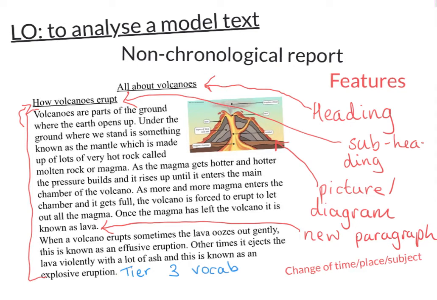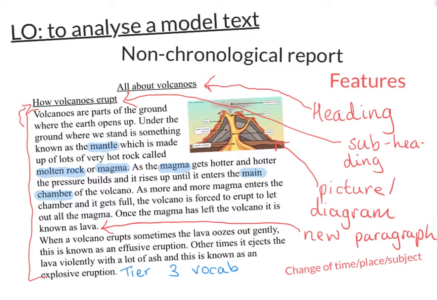And then the last thing we're going to look at is the tier 3 vocabulary. We've done quite a bit on this, and this is the stuff that we're going to put in our non-chronological report because it's really important. So I can see the word magma here. That's a tricky word, a tier 3 word. We can see chamber, main chamber. We can see molten rock. Magma again.